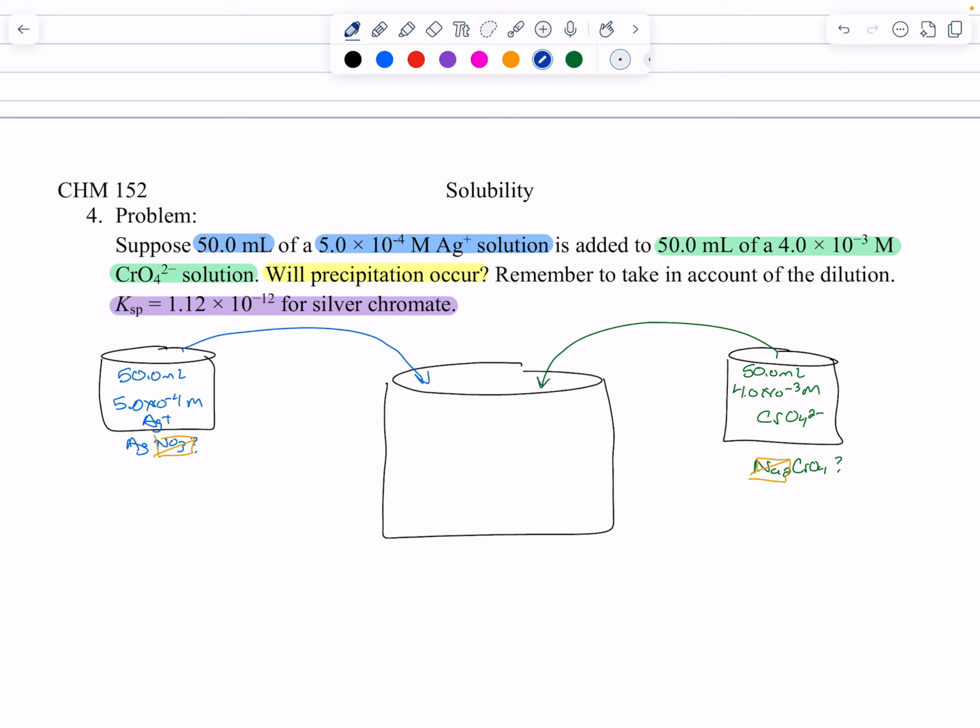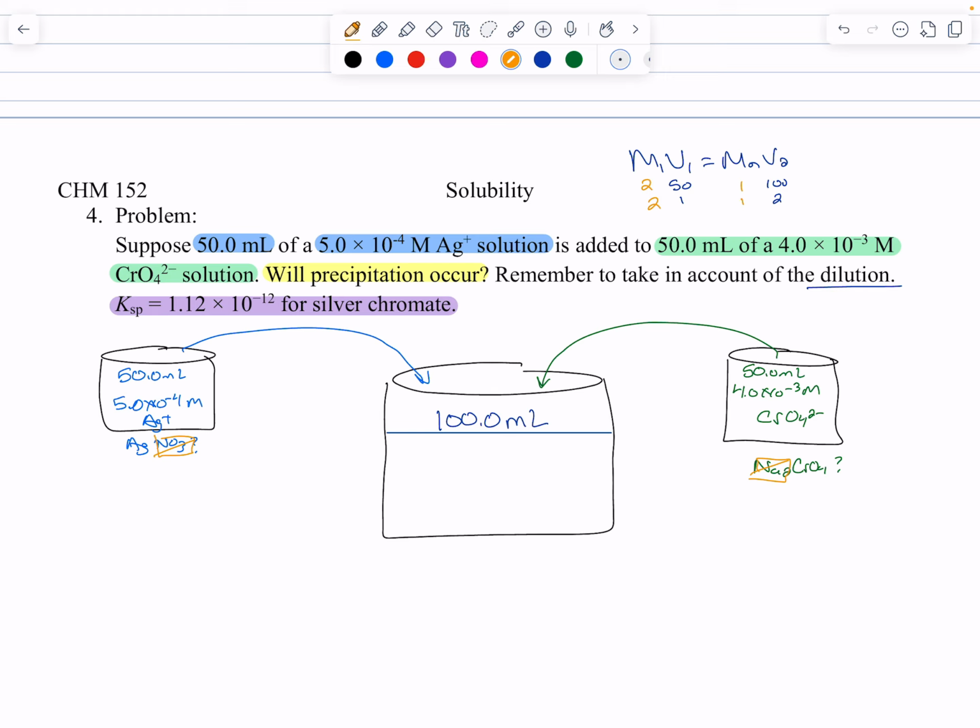So this means that now we're going to have 100 milliliters. And because we're going to have 100 milliliters, we're going to do the dilution, right? So what happens to the volume? If you remember this, M1V1 equals M2V2, right? If the volume goes from 50 to 100, that's like going from 1 to 2, right? So if the volume goes from 1 to 2, that means our concentrations are going to go from 2 to 1, right?